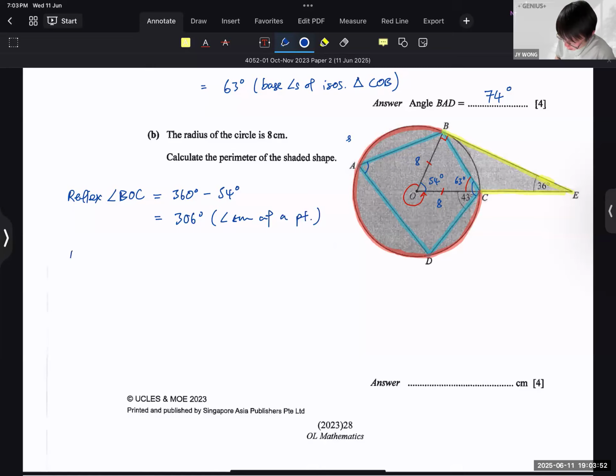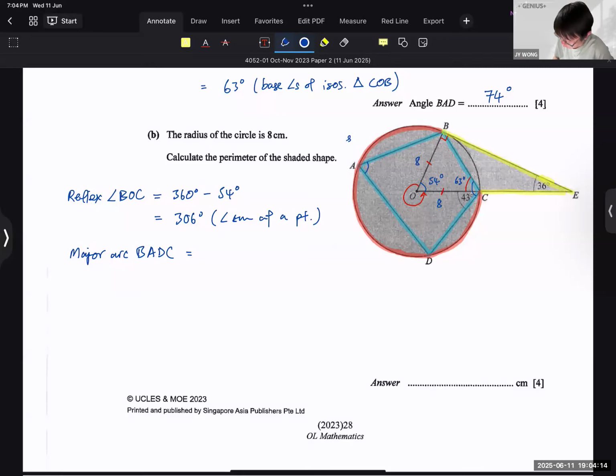And therefore, major arc BADC is equal to, now this is where you all need to be careful. Your r theta formula is for radians only. This is not radians.